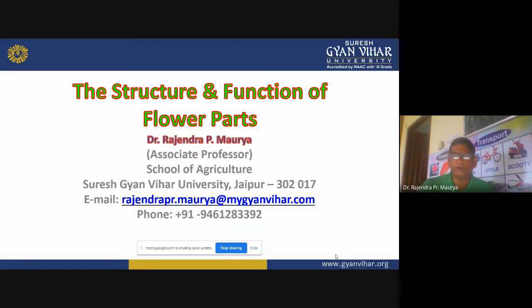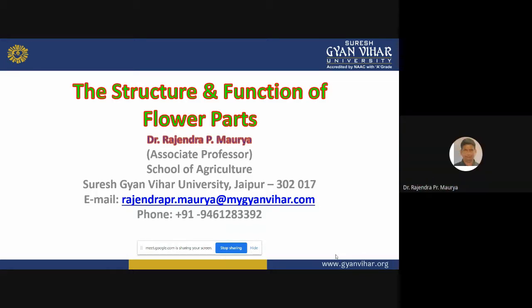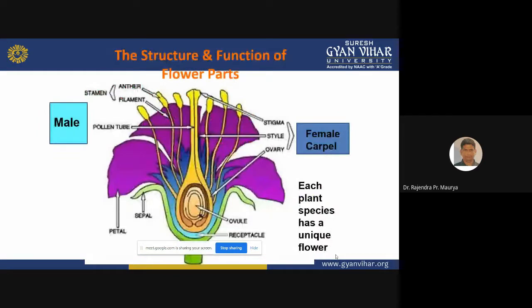Or if we talk about fruit plants, fruit vegetables, etc., then this reproductive structure plays a very important role because yield is totally dependent on flower and fruit set. So for that, we must understand the structure and functions of flowers.